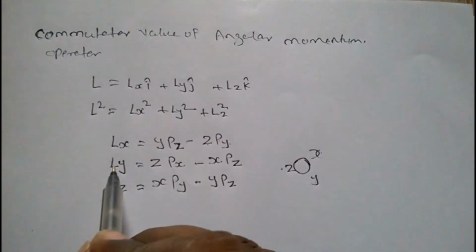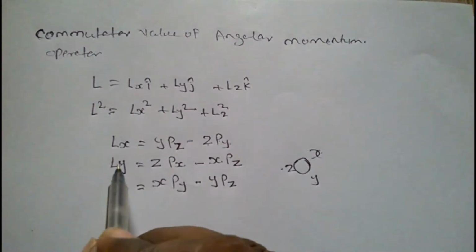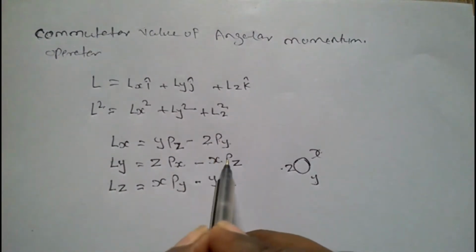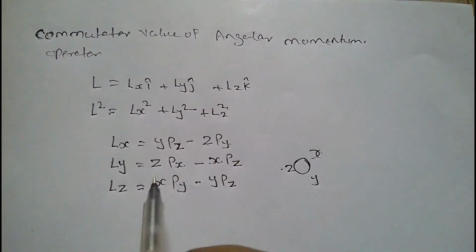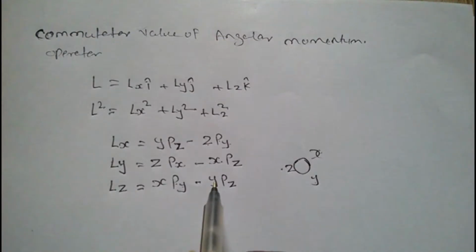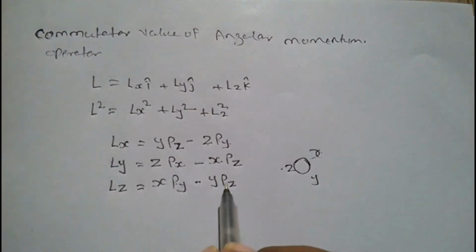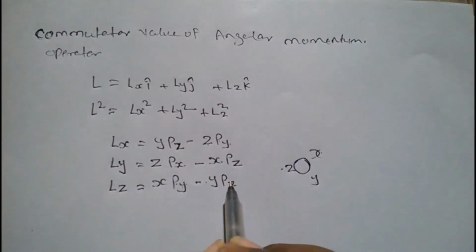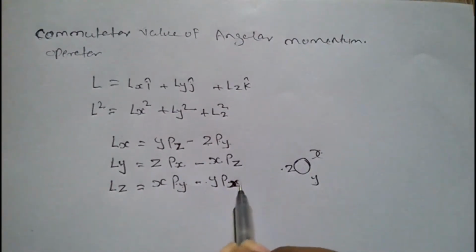When we want to write Ly, after y it will be z, then px, then x, then pz. For Lz, after z it will be x py minus y px.